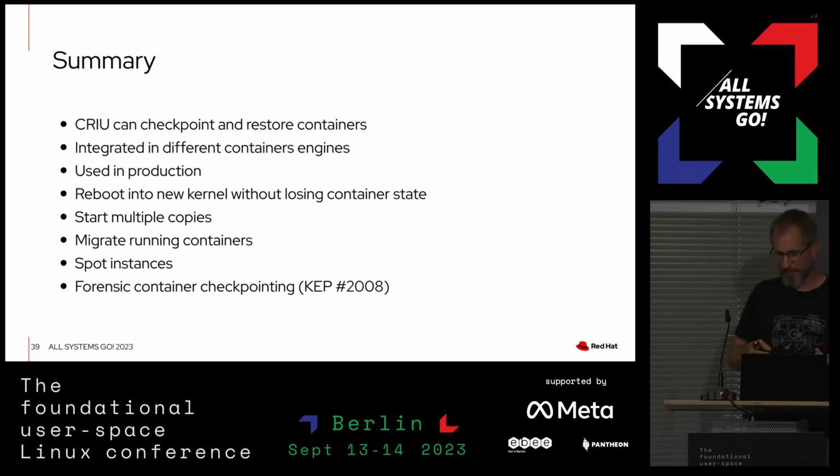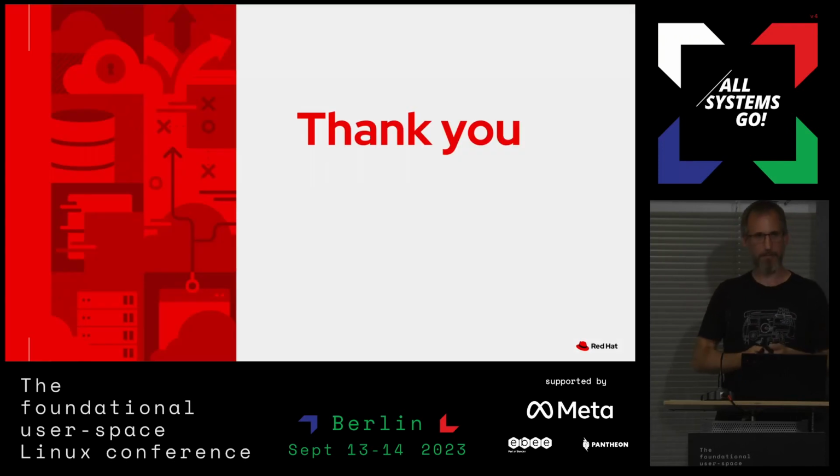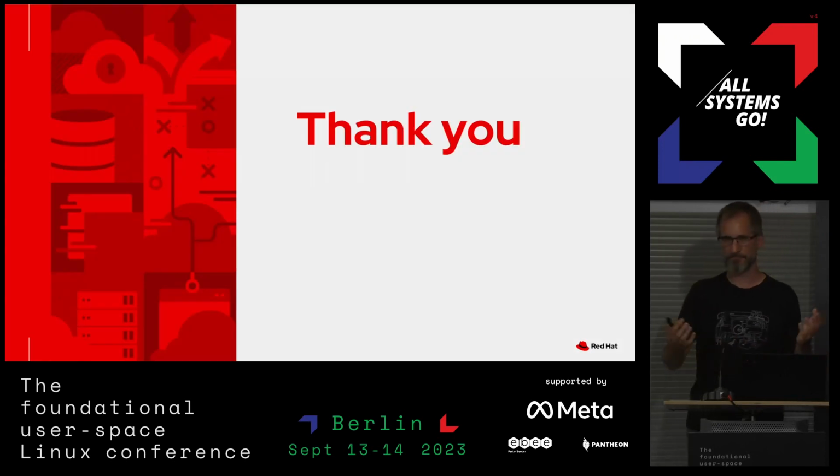And in Kubernetes, it's available under the label forensic container checkpointing. And this is the number of the Kubernetes enhancement proposal. With this, I'm at the end. Thank you for your time and happy to answer any questions or more questions.